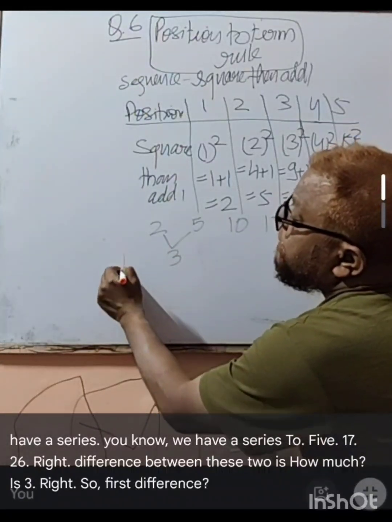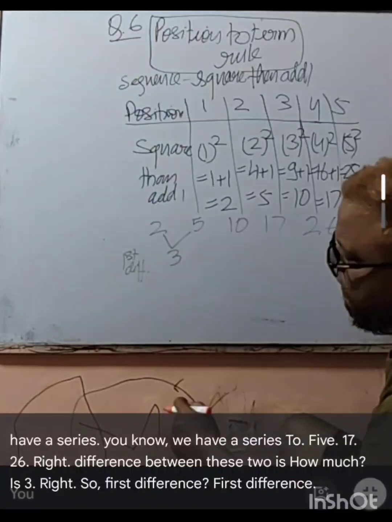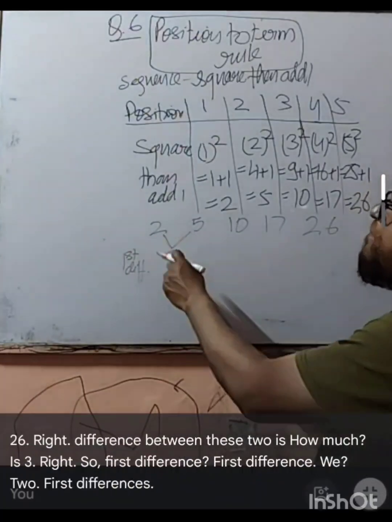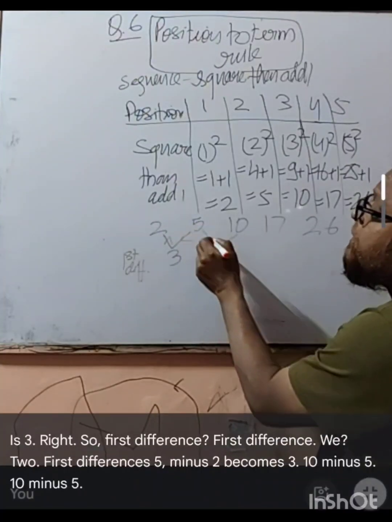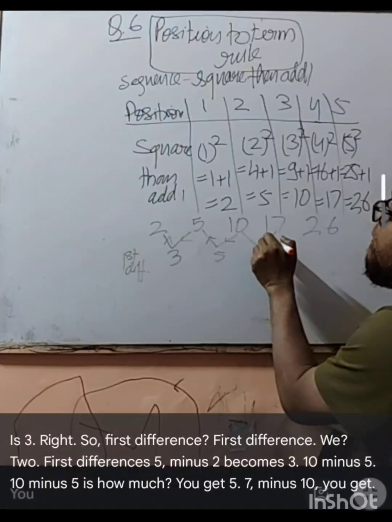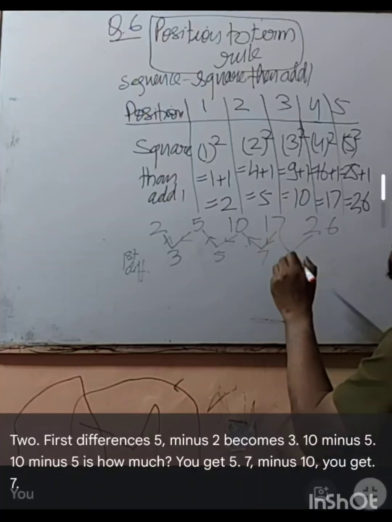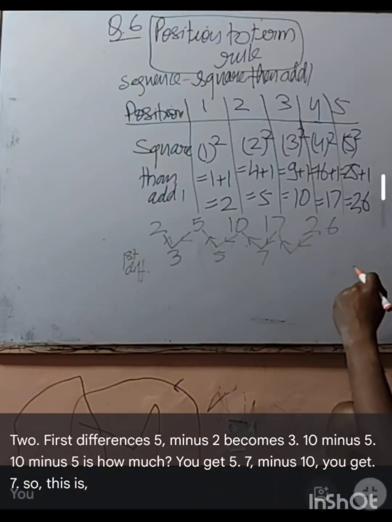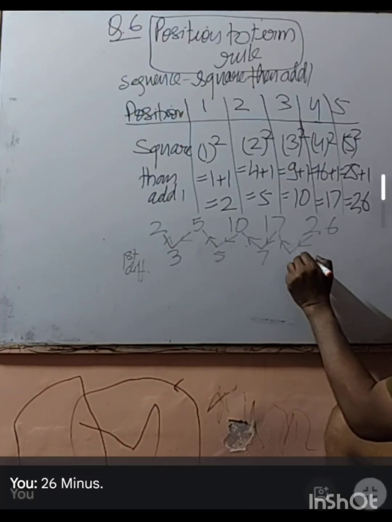So first difference: 5 minus 2 becomes 3, 10 minus 5 is 5, 17 minus 10 you get 7, and 26 minus 17 becomes 9.